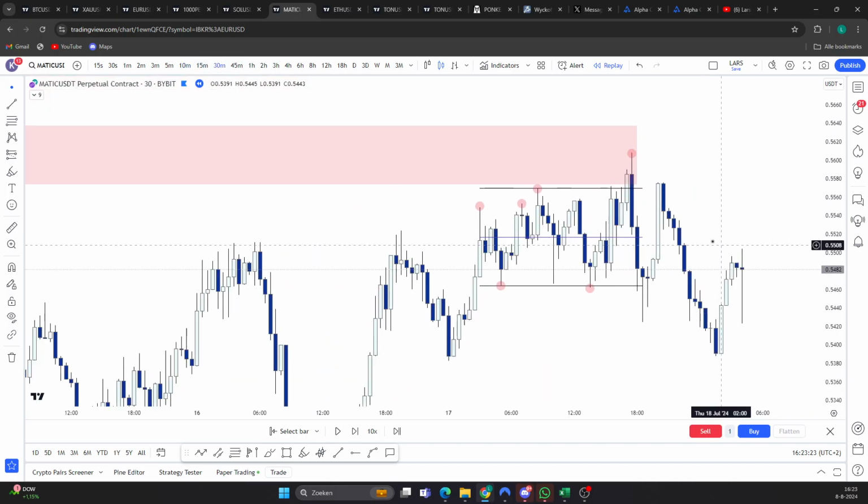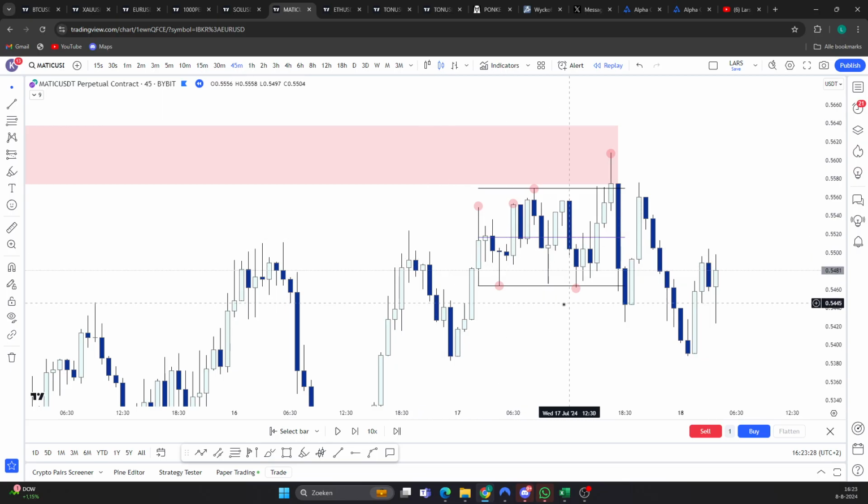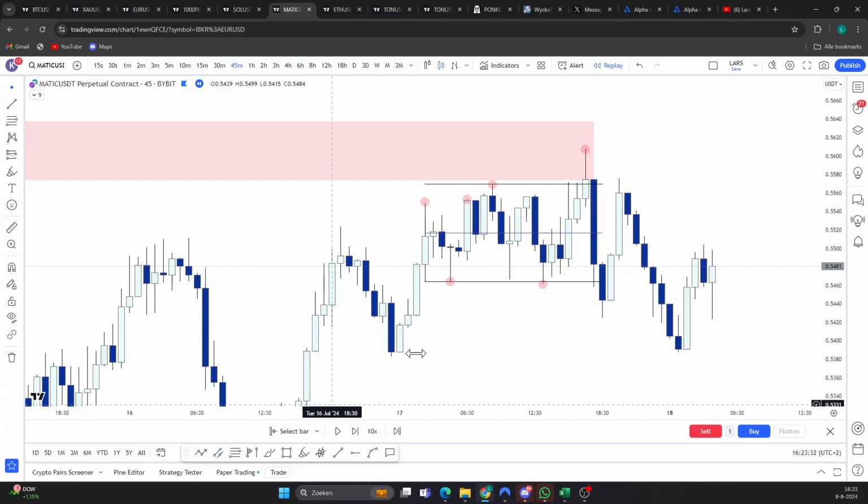Well, if I go on the 30-minute time frame, or even the 45-minute time frame, and I draw my market structure using that 6 candle rule, right here we have market structure going up.